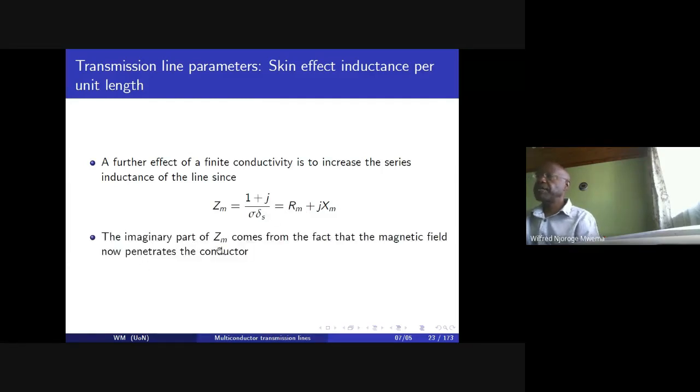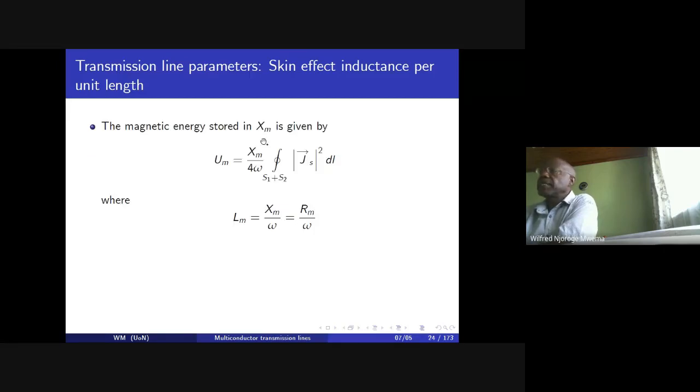So the imaginary part of Zm comes from the fact that the magnetic field will now be penetrating the conductor, and the magnetic energy stored in it is therefore going to be given by Um equal to Xm over 4 omega times the integral of that value there.